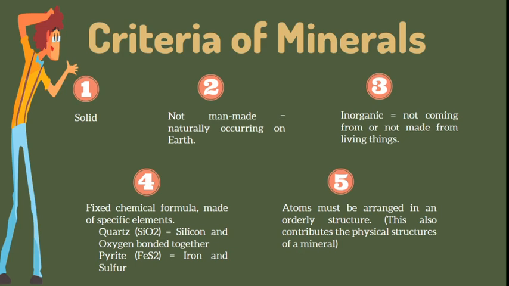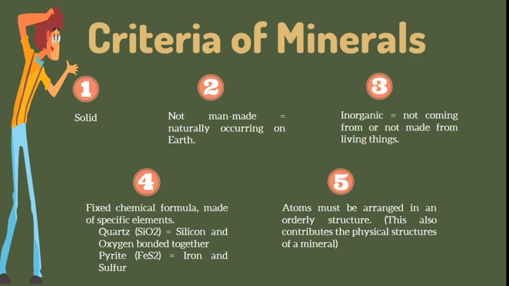The second one, it is not man-made, meaning it is naturally occurring on Earth. The third one, it must be inorganic, meaning not coming from or not made from living things. Usually, minerals are inorganic, mostly.